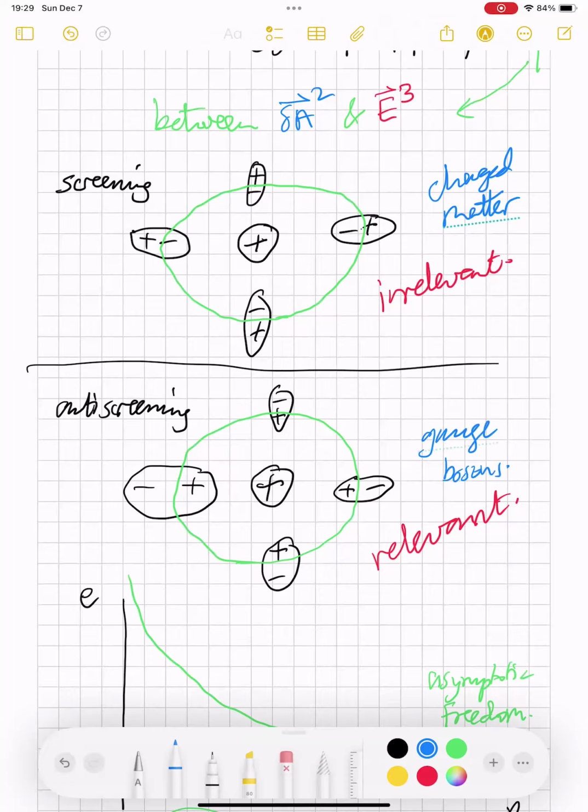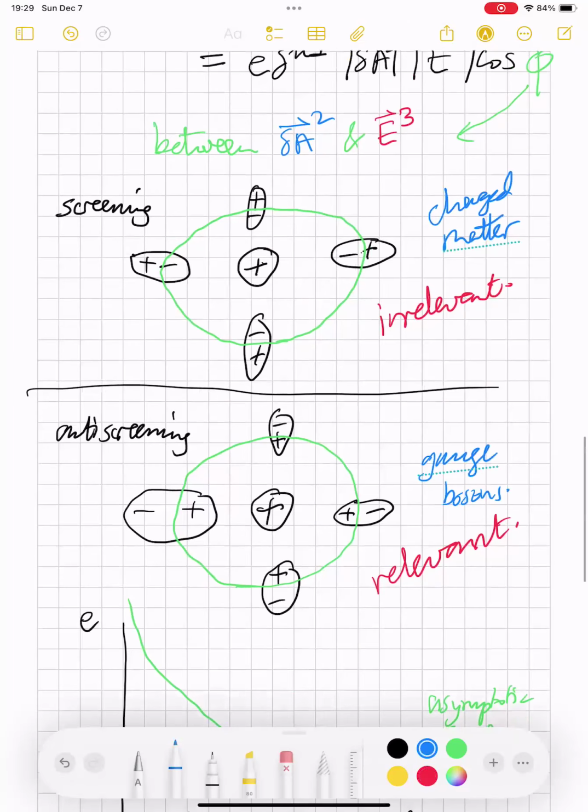So by choosing the right number of gauge bosons and the right number of charged matter particles, we can exactly cancel the effect of screening against the effect of anti-screening. And then we find that the coupling doesn't evolve as we move to long distances. The beta function vanishes, and we've got a conformal field theory. So again, we couple an effect which tends to make the coupling irrelevant against an effect which tends to make the coupling relevant. And that's exactly what we did for the Wilson-Fisher fixed point too.